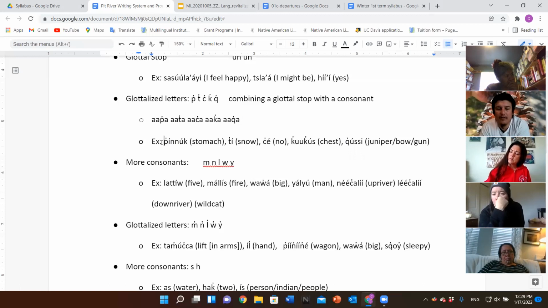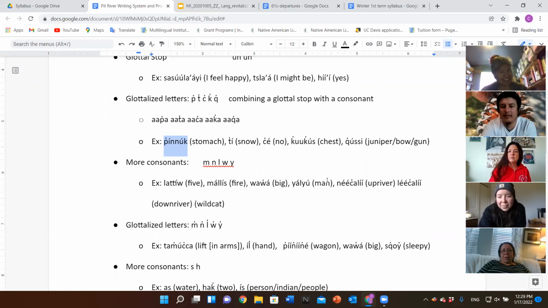Okay. So I'll have you guys try saying these example words here. Tawea, Inuk. One more time. Man, I almost can't hear the P. Try saying the P just a little bit more.